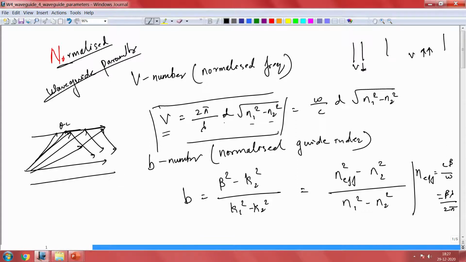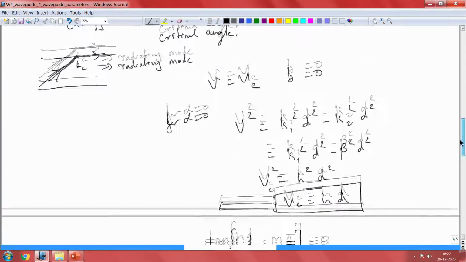Your number of modes is going to be large. Here you will have probably only one mode, but in this case you will have multiple modes inside the system, so m much greater than 1. Here m will be 1. So by just using the dimension and refractive index we should be able to figure out how many modes would propagate through this system.